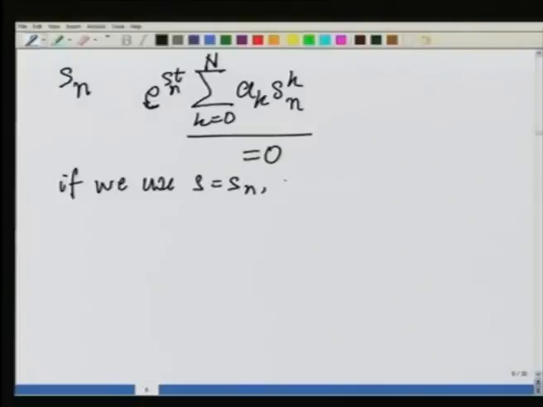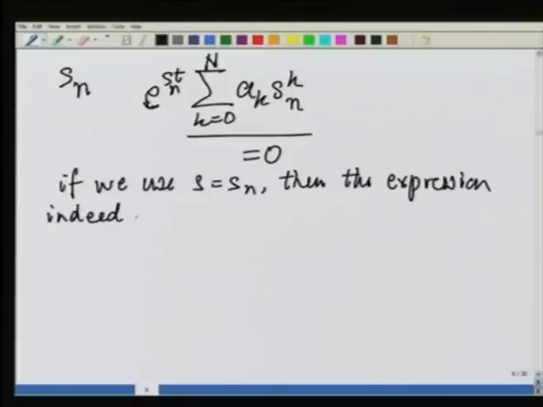then the expression indeed solves the homogeneous differential equation.